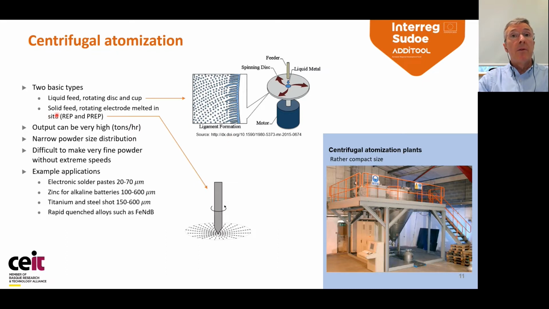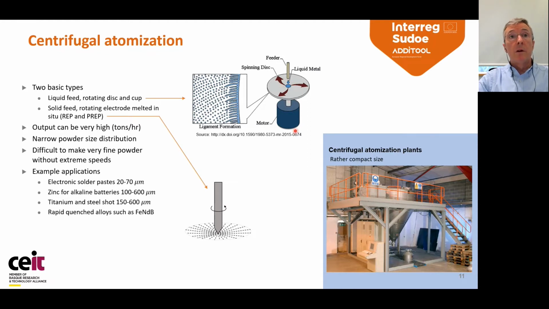There's another method in which it is the electrode itself that is rotating, and then melting is produced by plasma, in what is called the PREP method. As I said, it produces very narrow powder size distribution, but to produce fine powder, you need to use extreme speeds in excess of 50, 60,000 RPM.